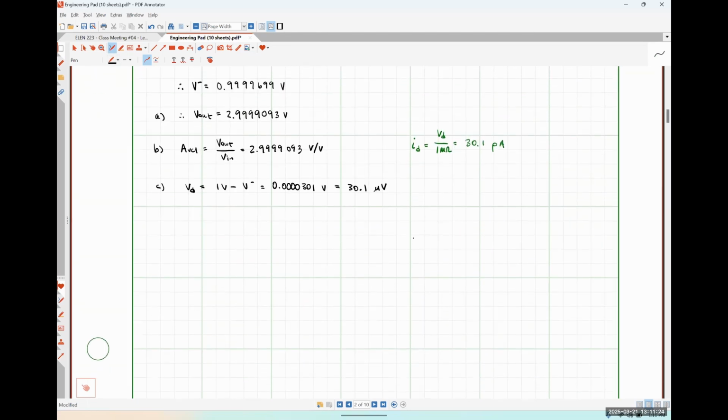So when I want to find the system input resistance, and this is your first time dealing with this type of concept, so I want to explain what we're going to do.